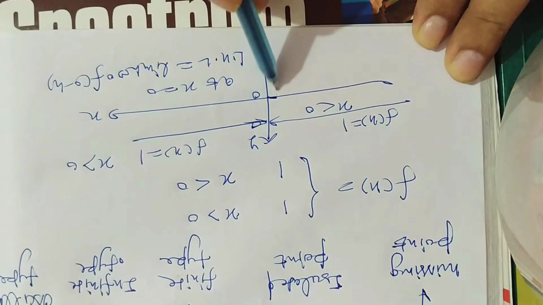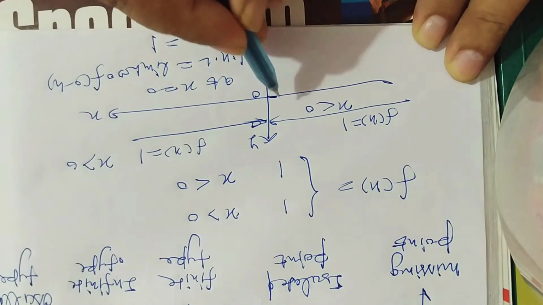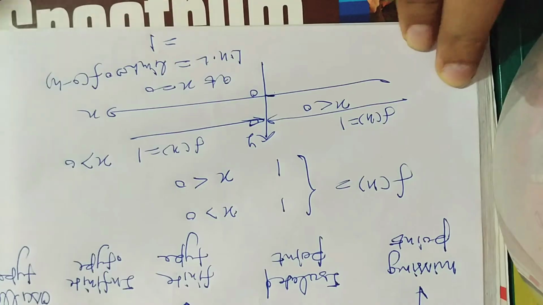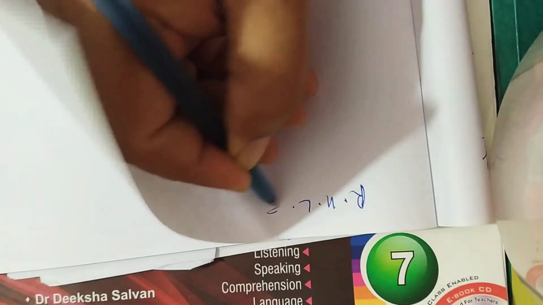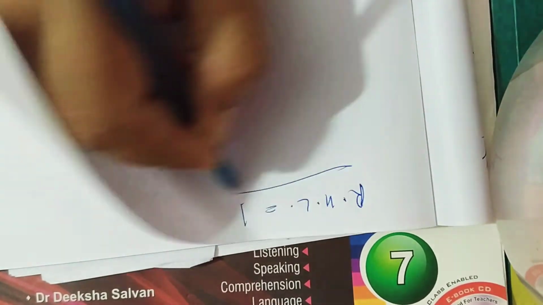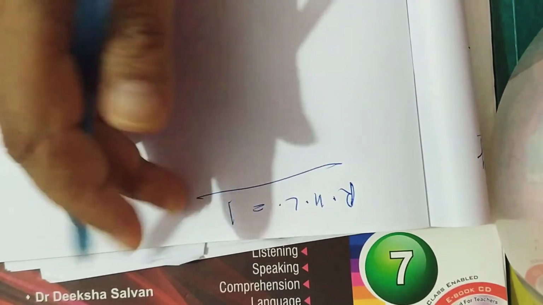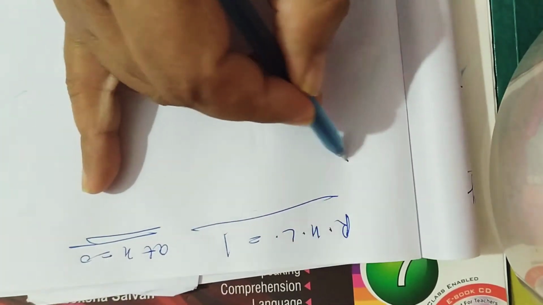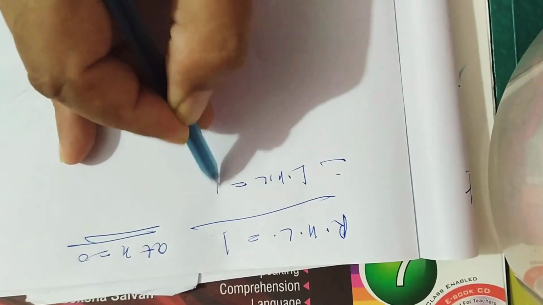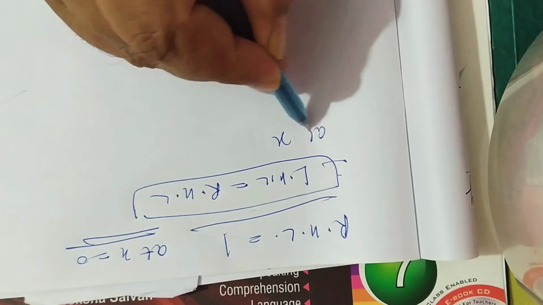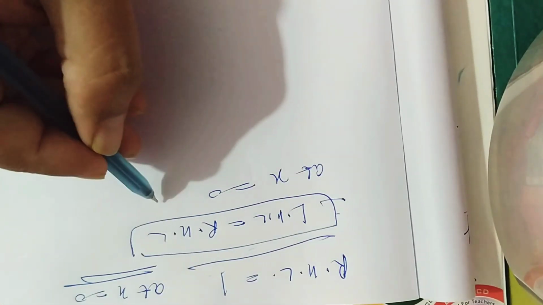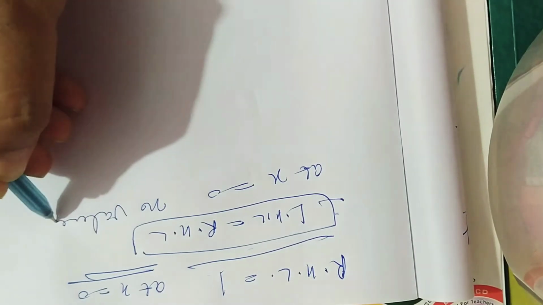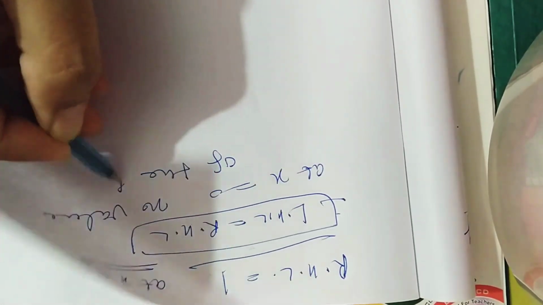We see its value is 1, its height is 1, and the RHL value is also 1. It means the right hand limit at x equal to 0 is also 1. Therefore LHL is equal to RHL. But in this case, at x equal to 0, there is no value of the function.